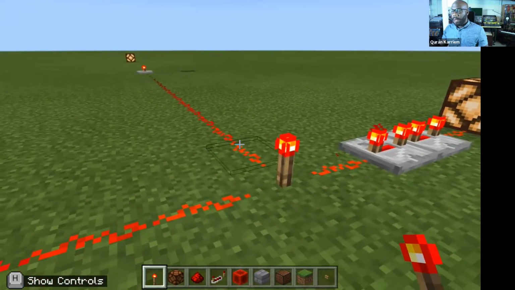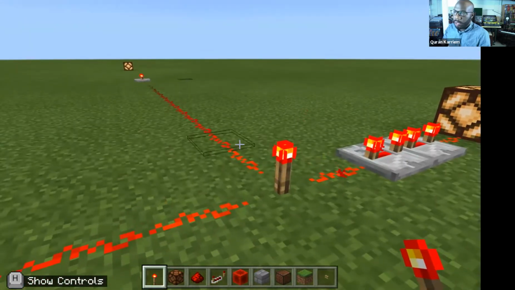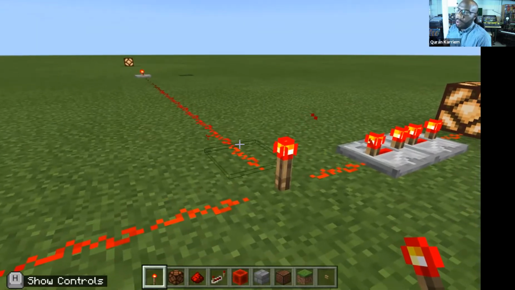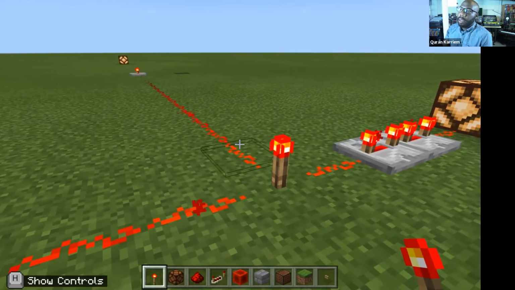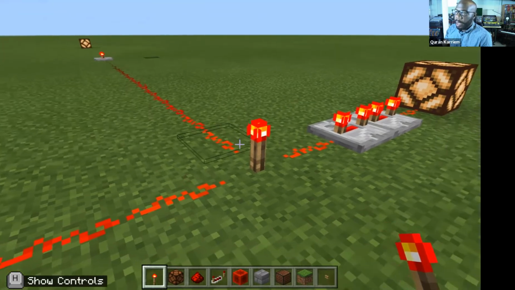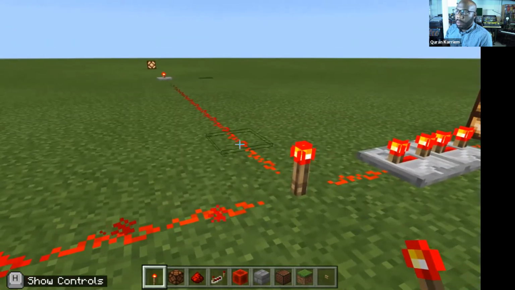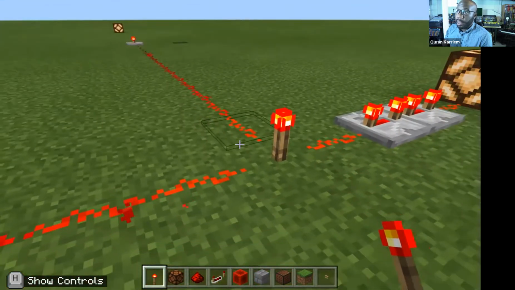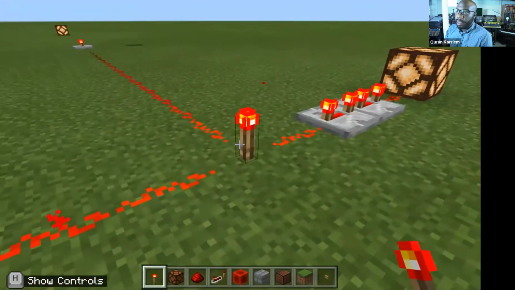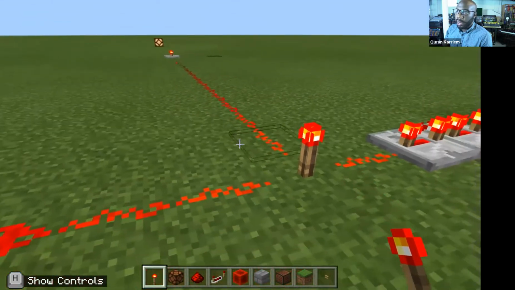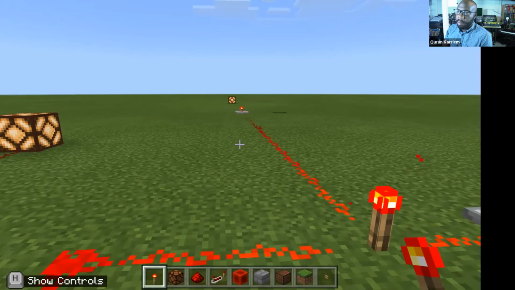And so the reason that happens is because there's something called redstone ticks, and so every 1/10 of a second, some redstone action can happen. And so I place the torch and the next available redstone tick, everything that torch is connected to that's in range lights up at the same time.